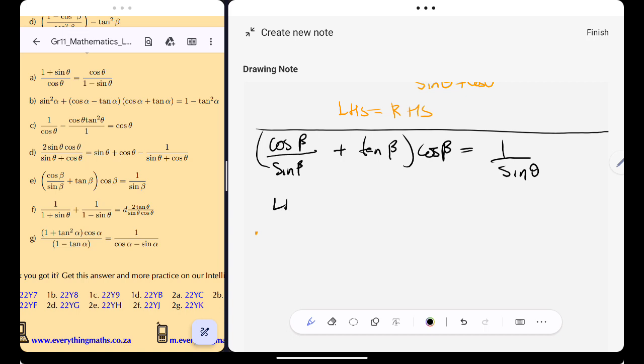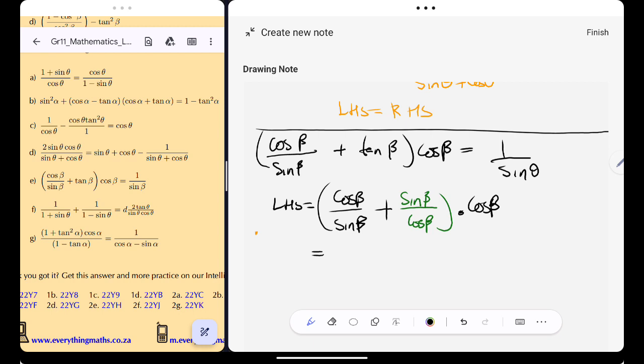Okay, I'll first simplify the left hand side. On the left hand side, I have cos beta all over sine beta, right? Plus, I must change everything into sine and cos, right? Tan beta can be written as sine beta over cos beta. This entire thing is multiplied by cos beta.